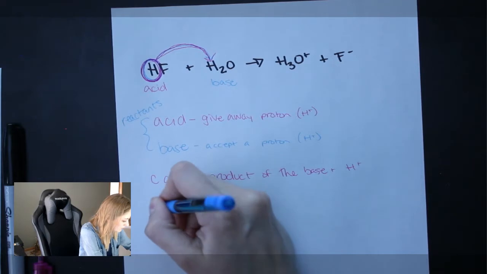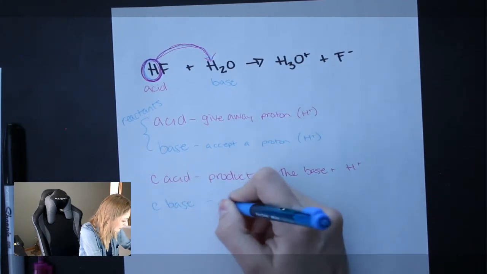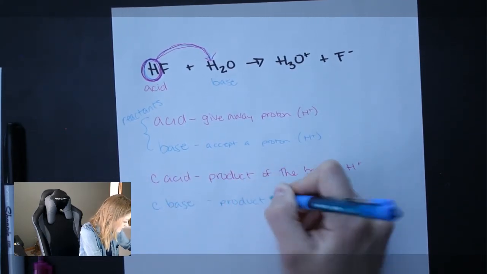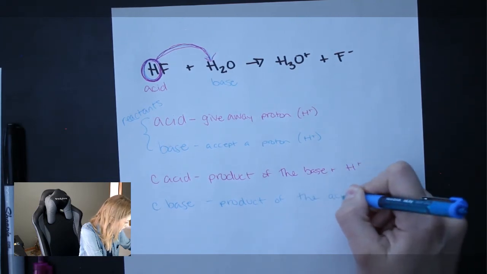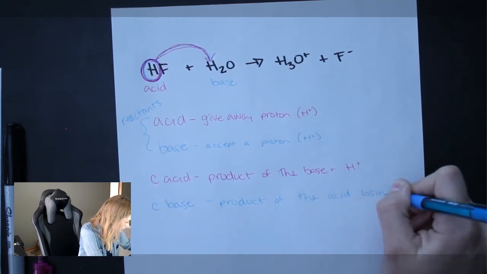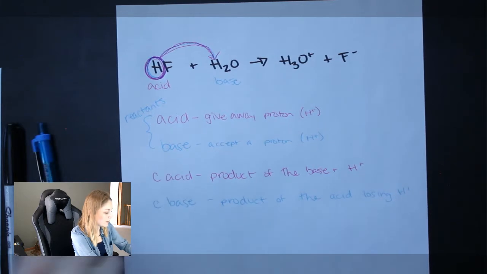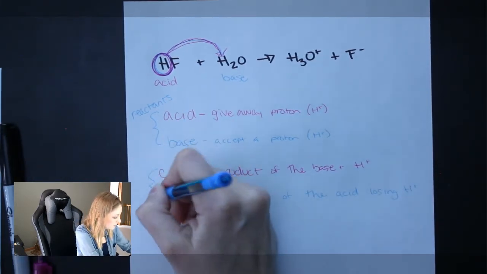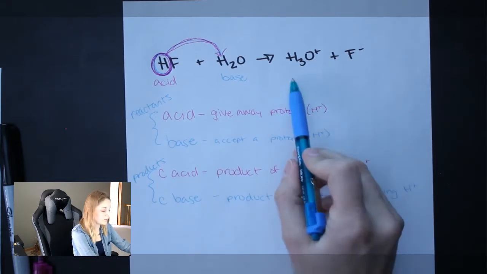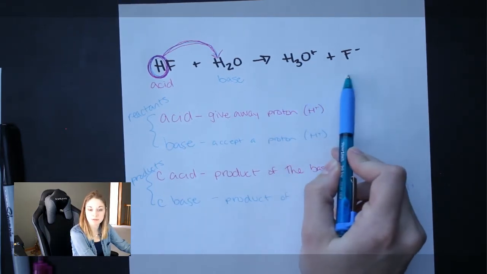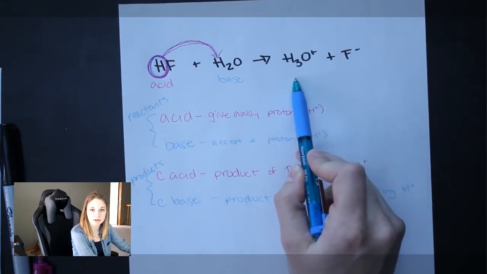And your conjugate base is the product of the acid losing an H+. So again, these are going to be products, so they're going to be found to the right of your arrow. They will never be reactants. So I've already narrowed that down.